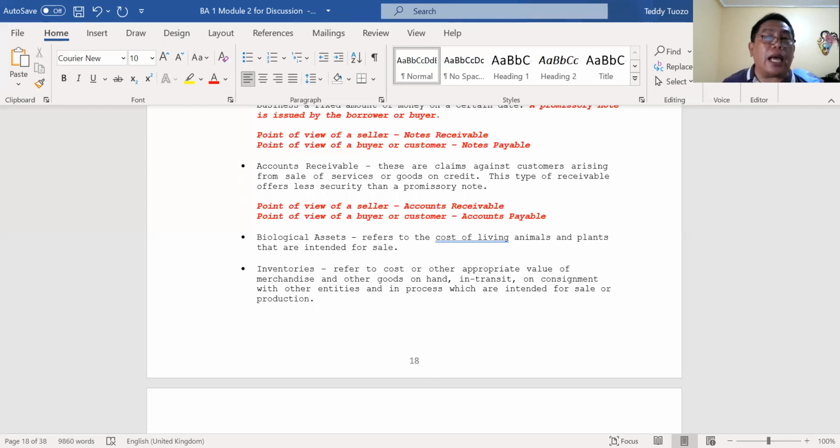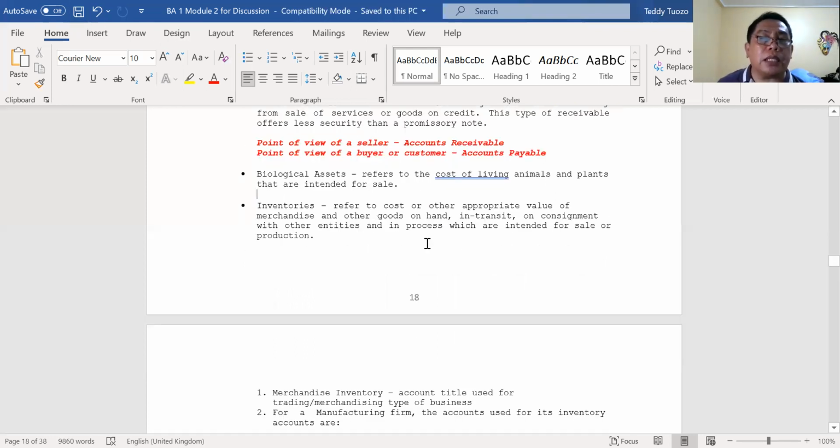They are biological assets na non-current because it is to produce. The purpose of those trees are to produce fruits that are for sale. So aton mga fruits amoy biological assets na current. Tapos aton trees na mo bear ng fruit amoy non-current na biological assets.